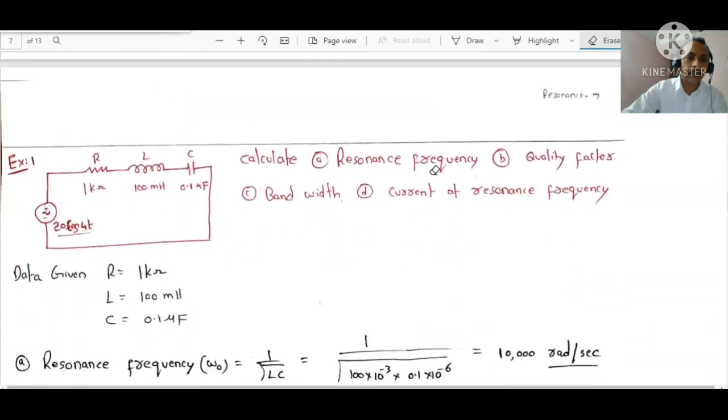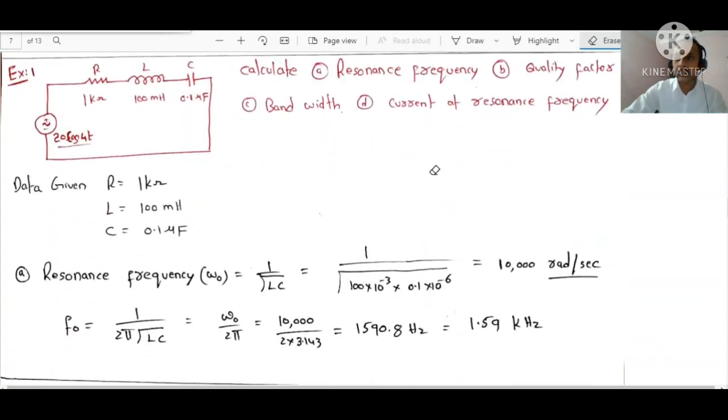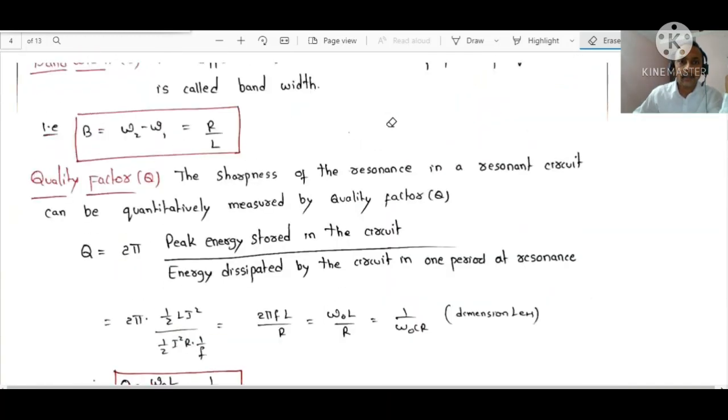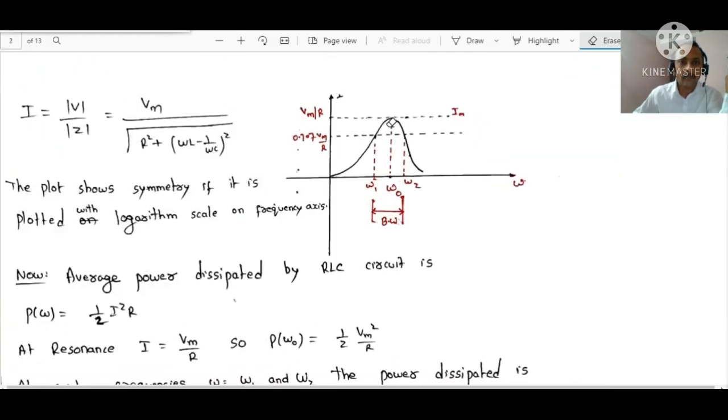With one example we will conclude the series resonance topic. In that example we will find the resonance frequency, quality factor, bandwidth, and current at resonance. Right now, let me enter into the topic.